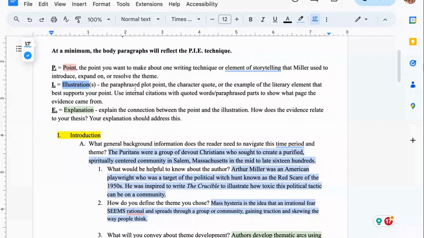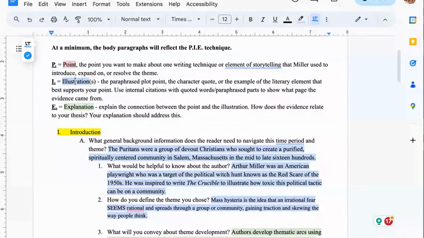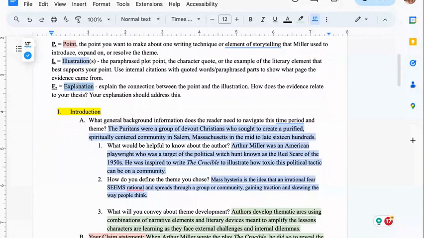So these are the factual pieces that you're using to support a point somewhere in your essay. And then if you see green for explanation, these are your interpretations. This is where you're explaining how you're connecting the point in the illustration back to the theme that you're linking to. So think of this as the how. I'm trying to show how something happened.